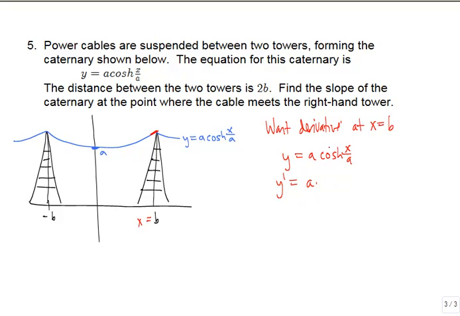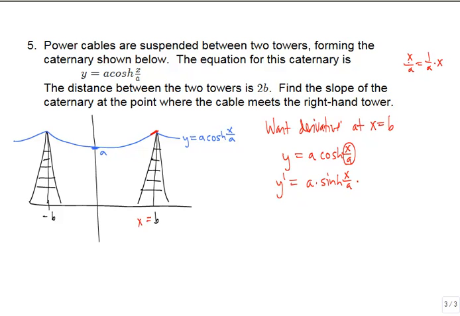We're going to take the derivative of that outer function first, the cosh, and the derivative of cosh is sinh. So this is going to be sinh of the same stuff that I had before times the derivative of this inner function. And x over a is like 1 over a times x.